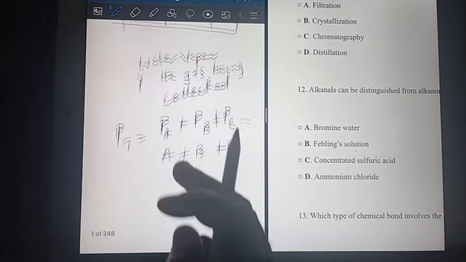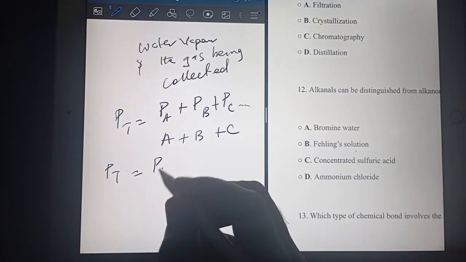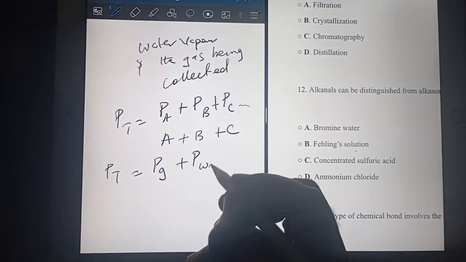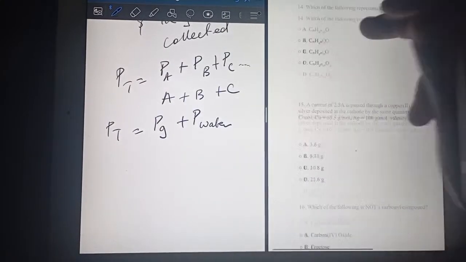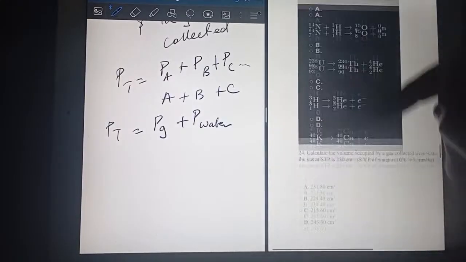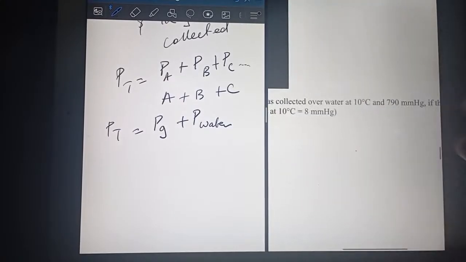But here we have only P total, which is the partial pressure of the gas collected over water plus the partial pressure of water vapor. And the P total was given to us. We are in question number 24. The total pressure is 790.